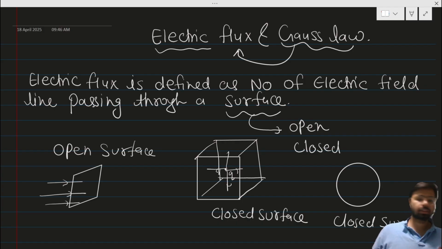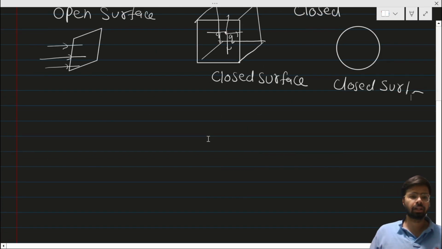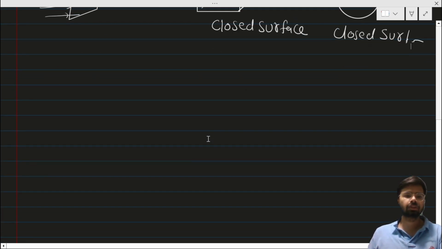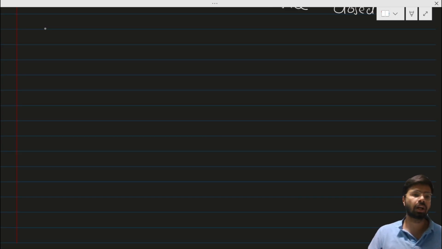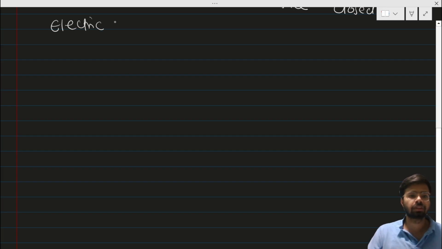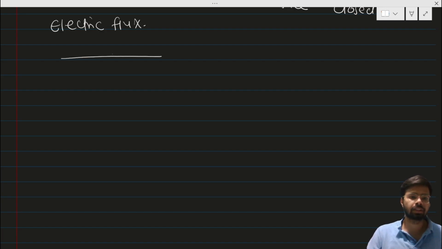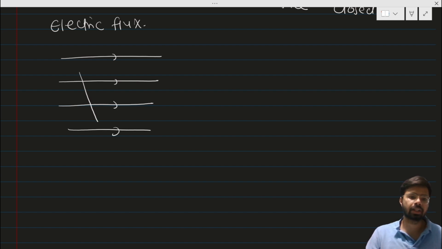So this is the basic thing about it, and let's talk about electric flux in more detail, how to calculate it. So electric flux calculation. Assume that these are the electric field lines, and there is a planar sheet inside this electric field.